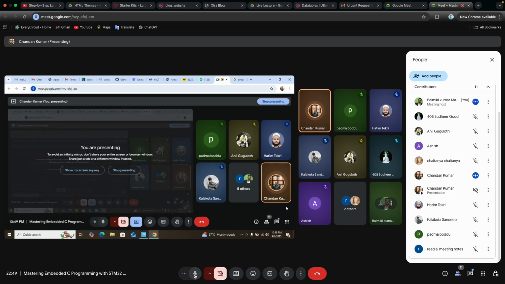Without API, without HAL libraries, if you want to learn that, can you suggest? For that you will have to learn register level coding, but you cannot learn it without learning HAL library coding.